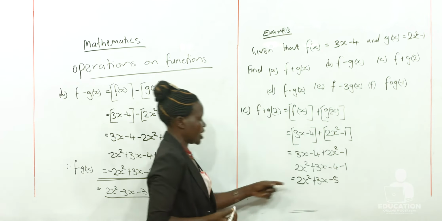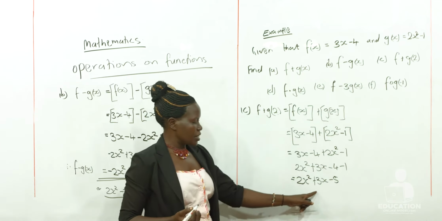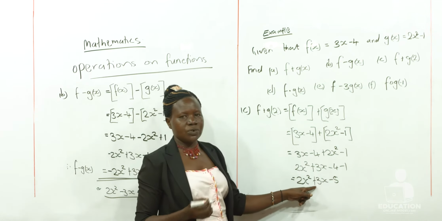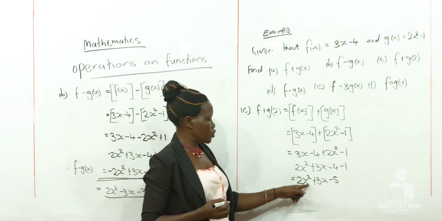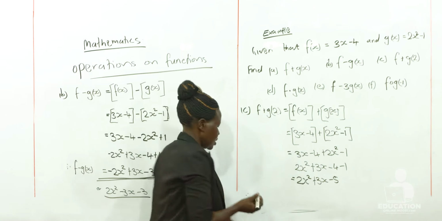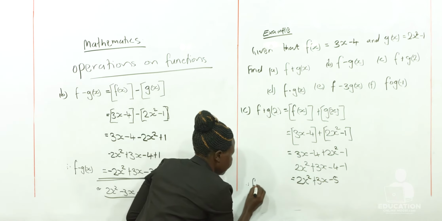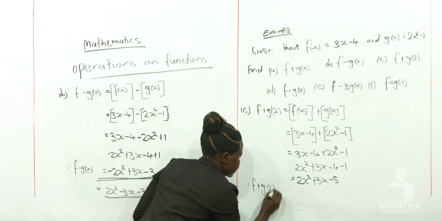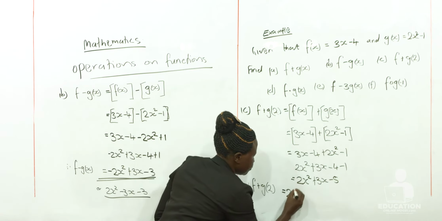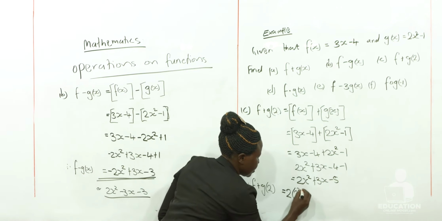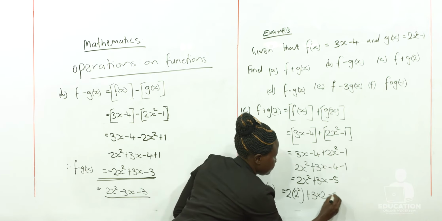It is at this level, when you have shown clearly up to this level, that substitution will take place. From this point, you now substitute the value of x. Then you say, therefore, f plus g when x is 2 will now be 2 into 2 square plus 3 times 2 minus 5.